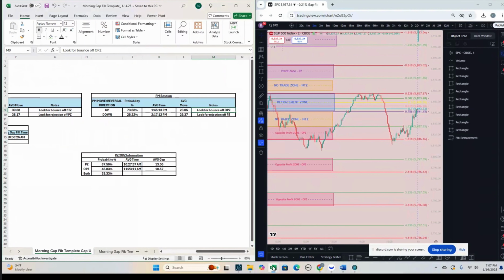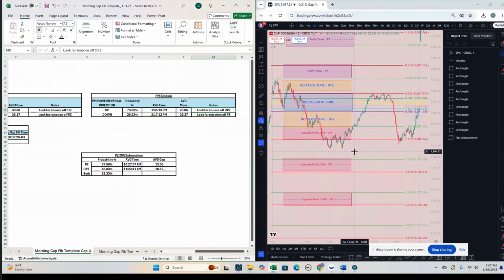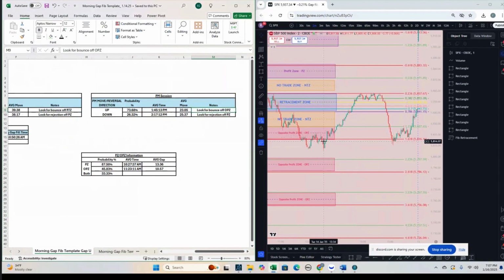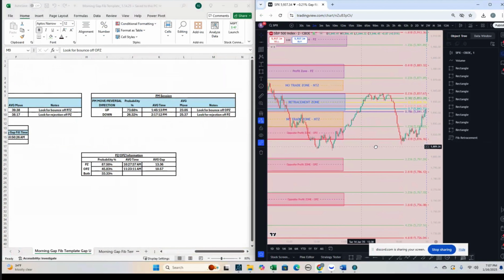How I got that information is, like I said, data's been collected: out of all these days, 14 days that we have a Tuesday news in which we have a move of at least 15 points in the PM session, 43% of the time we bounce off of OPZ, or we move from OPZ. There were 2 times where it happened, right? Does that make sense now?